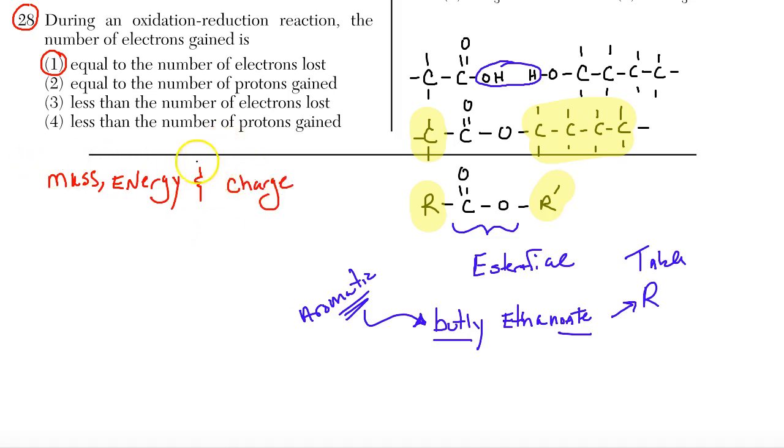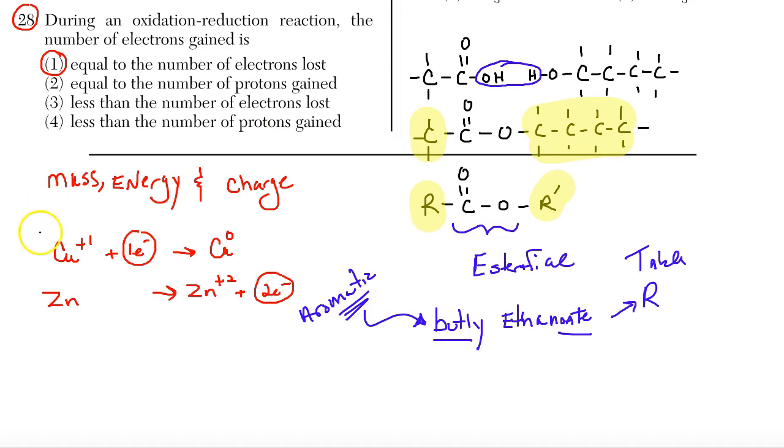When you do half reactions, for instance, if I had copper plus 1 gaining an electron, that is reduction, and it becomes copper 0. And I had zinc oxidizing, which becomes zinc plus 2 electrons. Notice the electrons given off and absorbed are not the same.